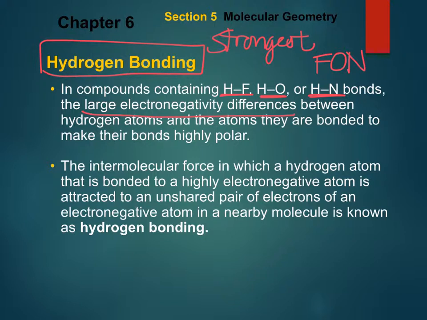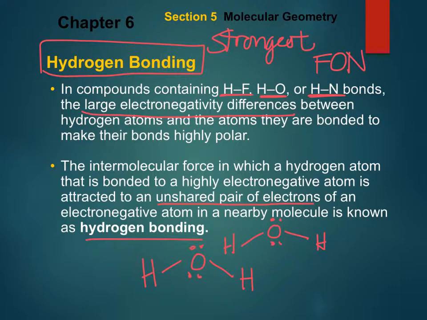The intermolecular force in which a hydrogen atom is bonded is due, like I said, to the unshared pair electrons that are floating around the F, the O, and the N, and they are being attracted to the hydrogen. So if we look at water, it looks like this with a couple pair of electrons, and another water would be nearby.